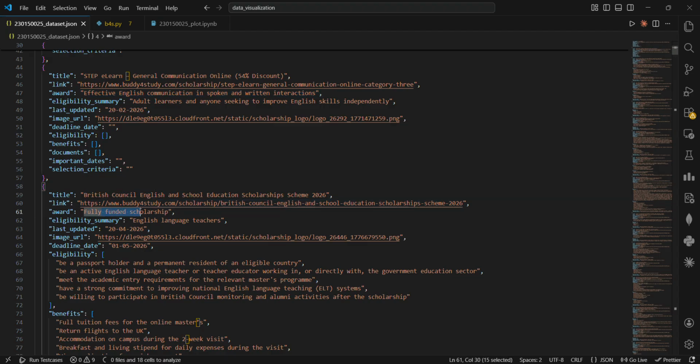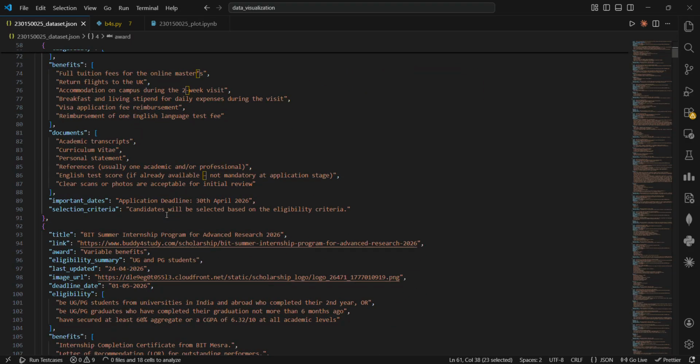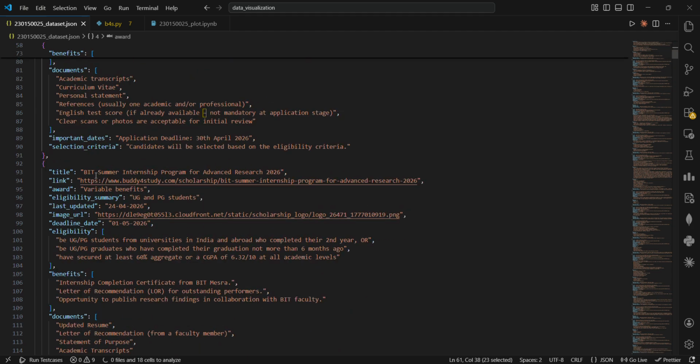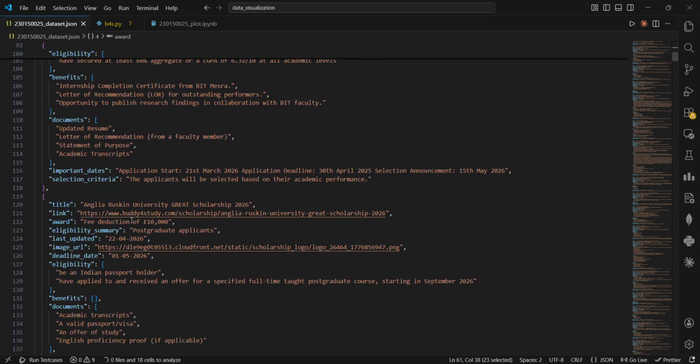For example, here, fully funded scholarship, so we can't find the exact scholarship amount here, and there were problems like these too. We solved this by not counting those scholarships, but say if we have an award fee deduction of 10,000 euros, we removed this part of the award and we just kept 10,000.